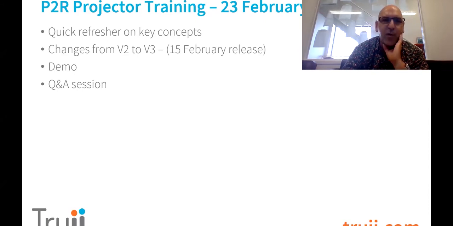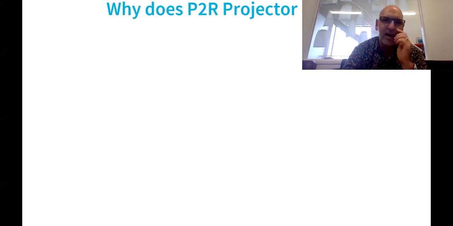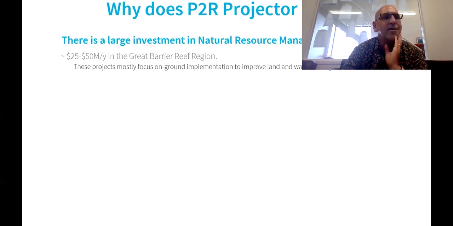So just a quick refresher on the key concepts. For those new to P2R Projector, why does this thing even exist? As you're well aware, there's a large investment in natural resource management projects in the Reef, 25 to 50 million a year, and most of these are management practice adoption style projects.